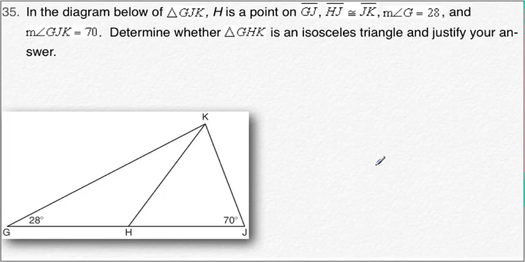Alright, let's move on to the next number. So here we have that the angle is 28. But HJ and JK are congruent.